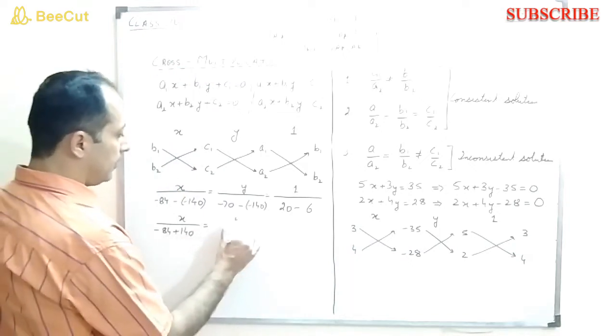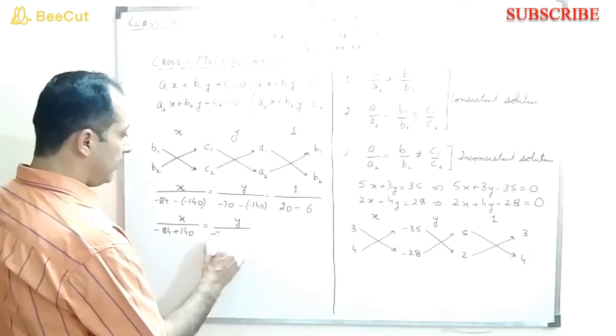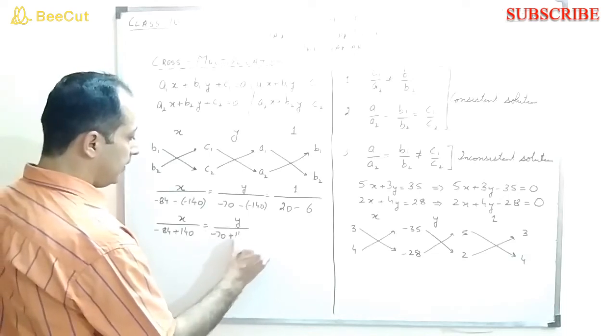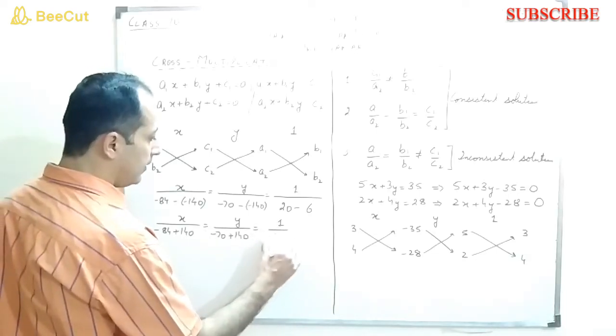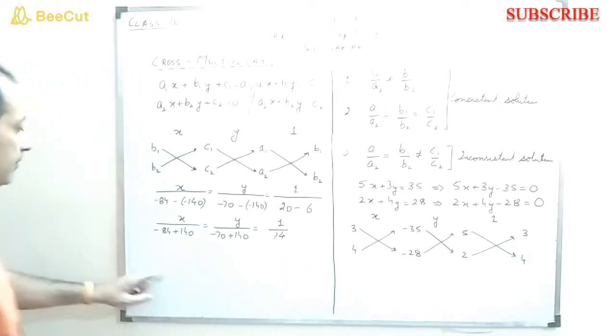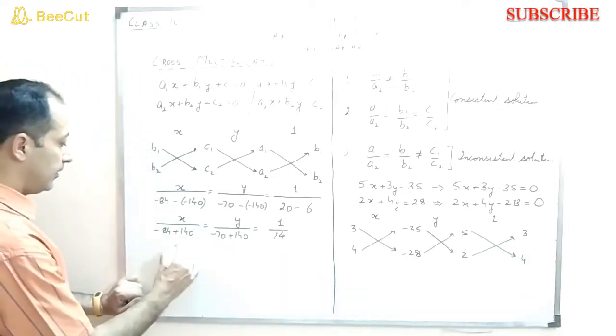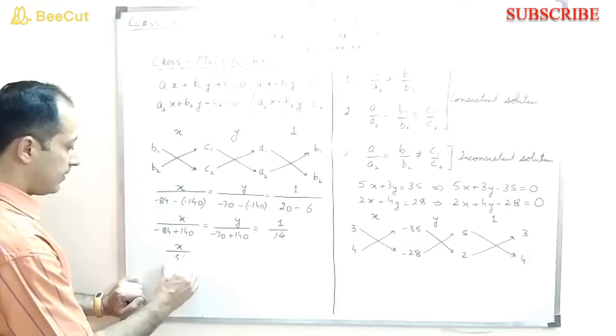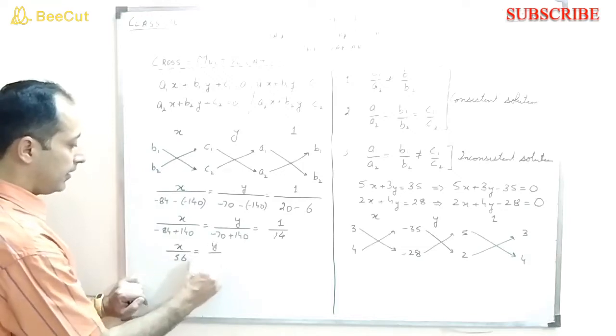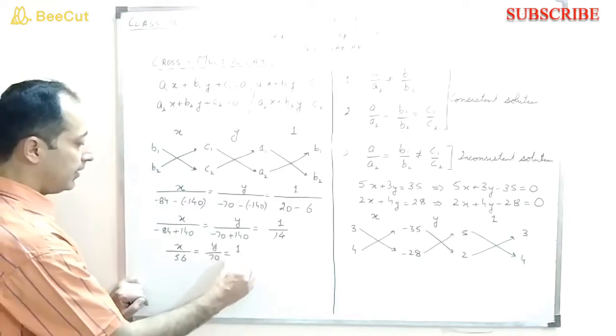Here also y upon minus 70 plus 140 equals to 1 by 14. Now we simplify these two. What we get here, x upon 56 equals to y upon 70 equals to 1 by 14.